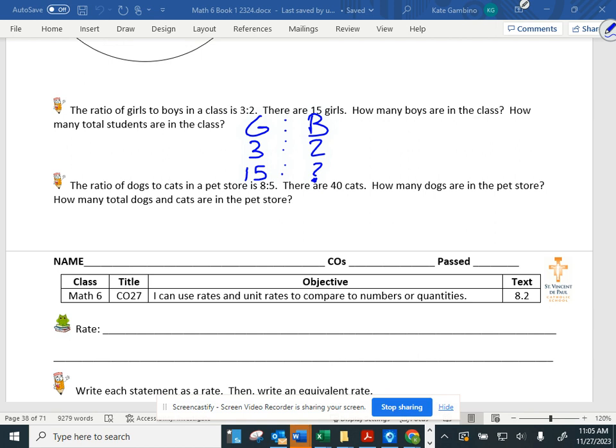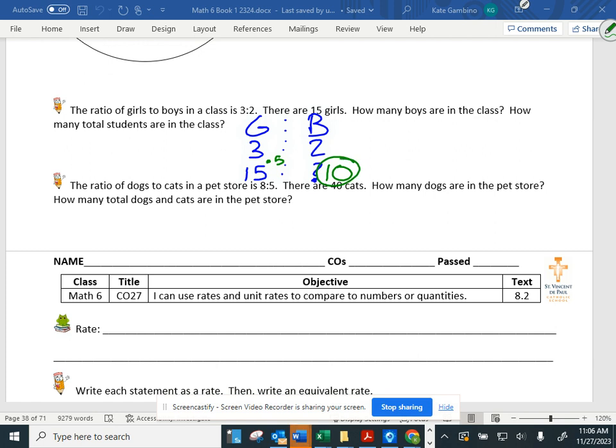I labeled each column of my ratio. I put in my given ratio. I put in my known of the new equivalent. And remember, you would need to decide, how did I go from 3 to 15? I multiplied by 5. So I need to do 2 times 5 to get that answer.